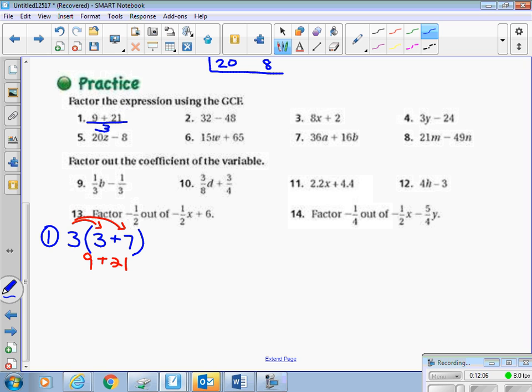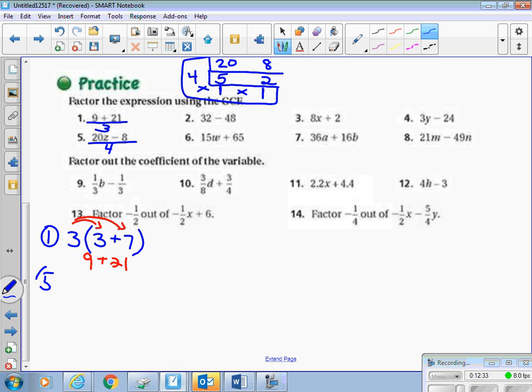Well, I know that 20 and 8 are both divisible by 4. 20 divided by 4 is 5, and 8 divided by 4 is 2. Is there anything that can go into 5 and 2 evenly? Nope, nothing goes into 5 and 2. Therefore, we bring down the 1s, and we can multiply out. 4 times 1 is just 4. So we are going to divide everything by 4, which is our GCF.